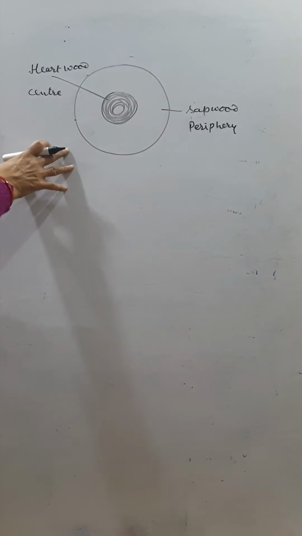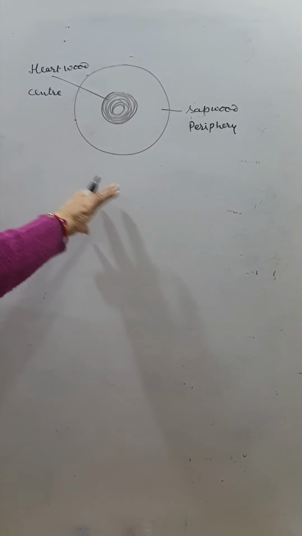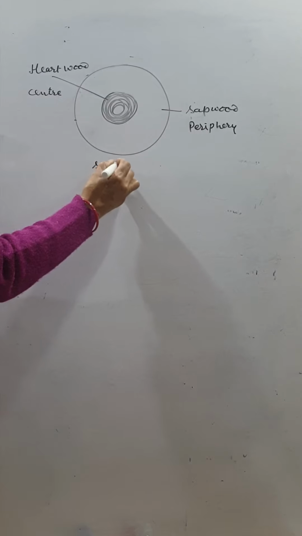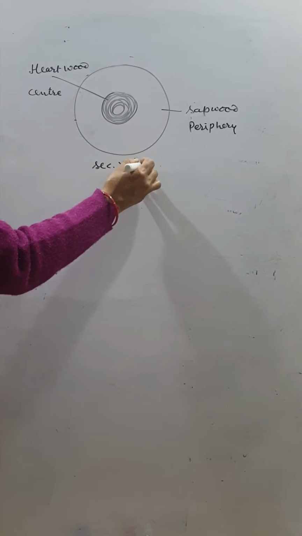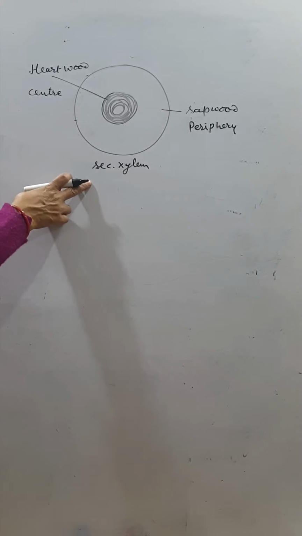In old trees, the greater part is the secondary xylem, which is formed by the activity of the vascular cambium.